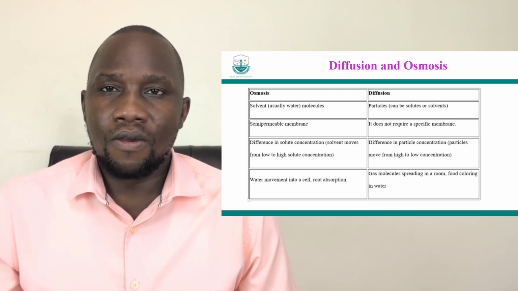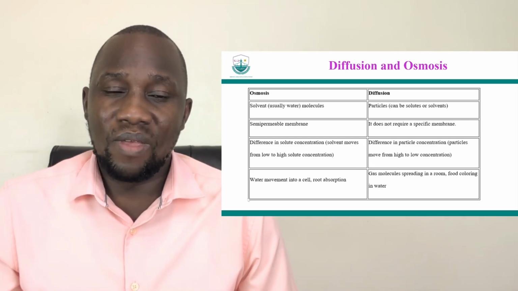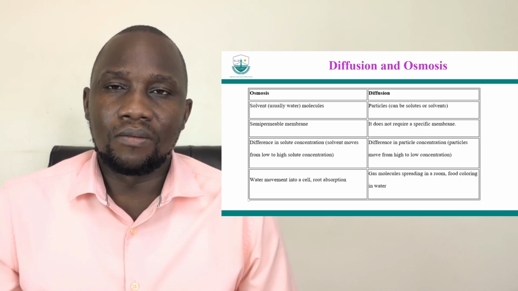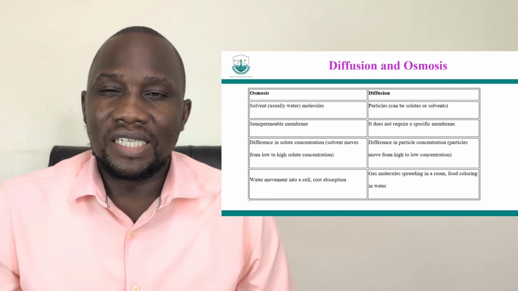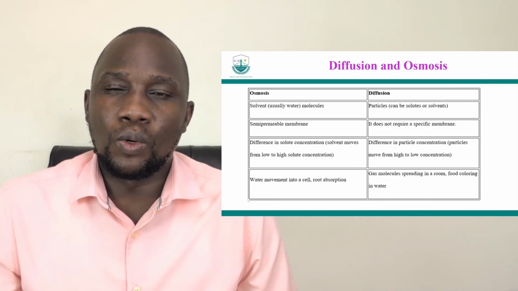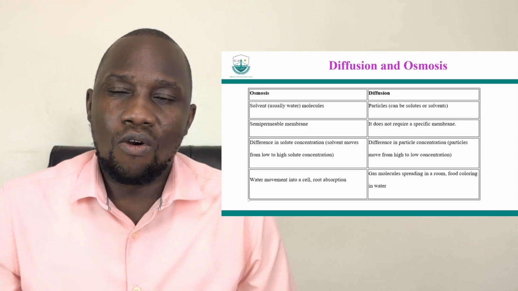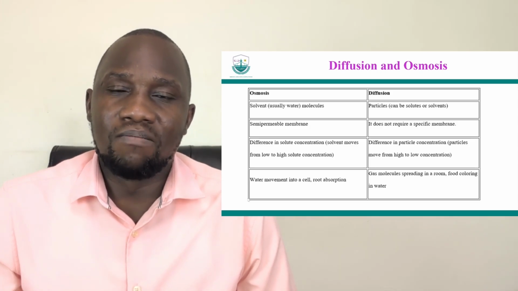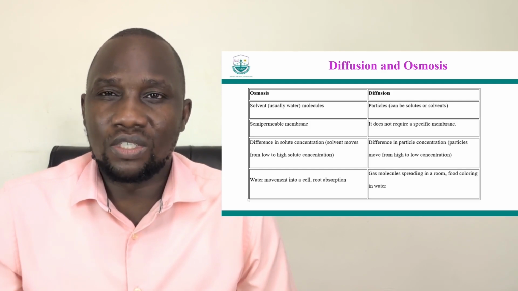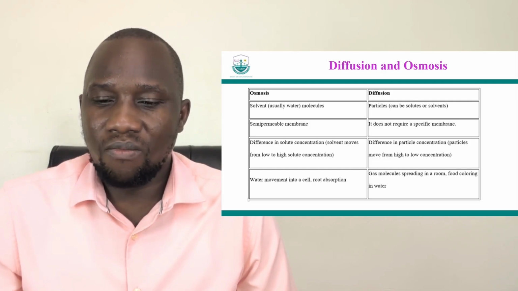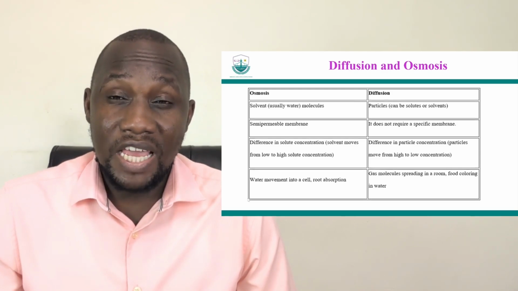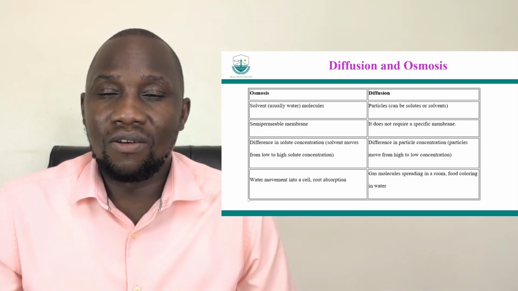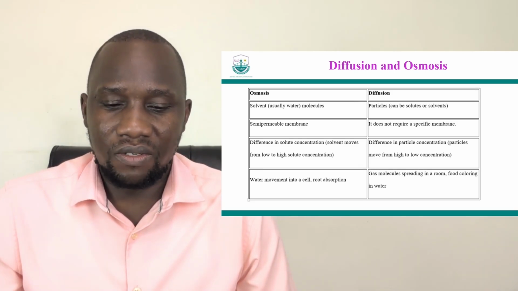In diffusion, you don't have a semi-permeable membrane. For osmosis, you need one, and the movement is based on the concentration of solids, from low solid concentration to high solid concentration. For diffusion, particles move from where they are in high concentration to where they are in low concentration.